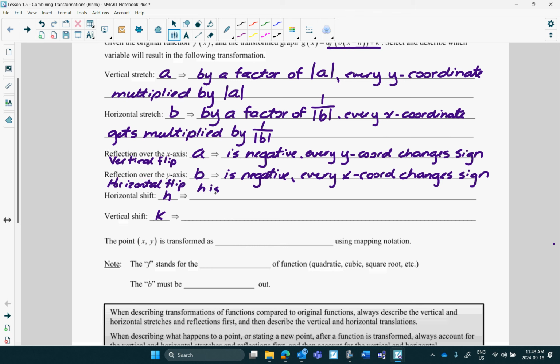So if it's like x minus 2, x minus 4, x minus 3.5, that means H is positive. Okay? Sorry, I should say add H to every x coordinate.